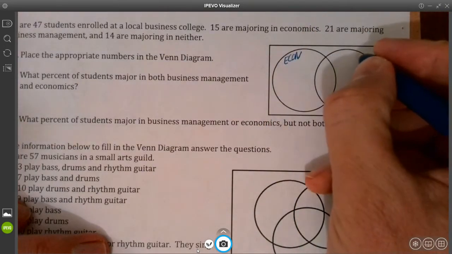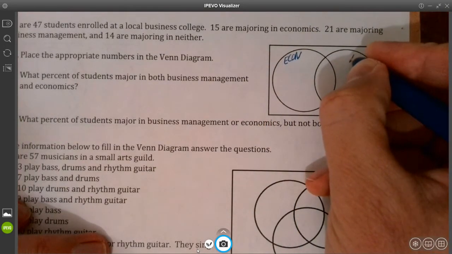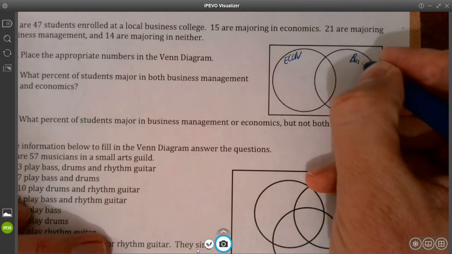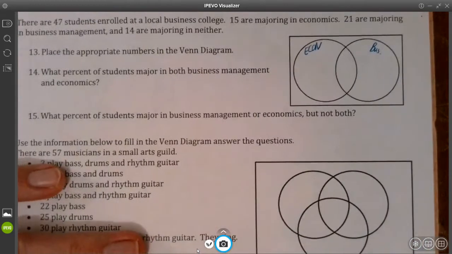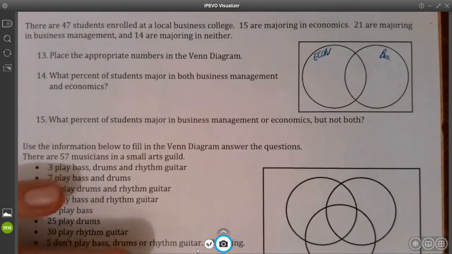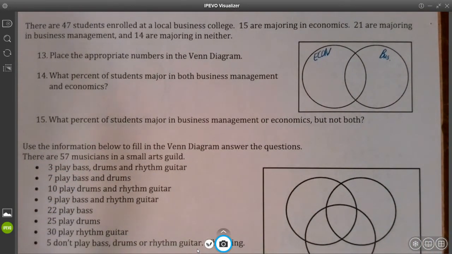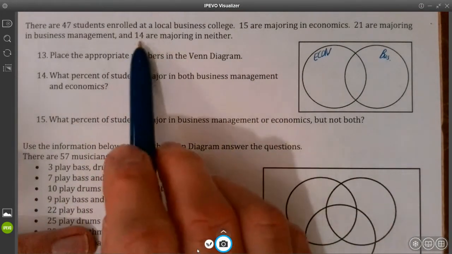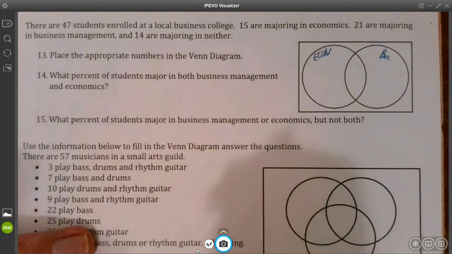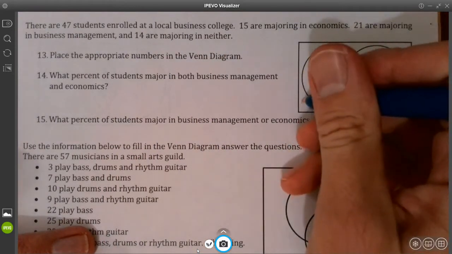That's important to know. So we're going to have econ and business management. I'll just put bus. So econ and bus. All right. Place the appropriate numbers in the Venn diagram. There are 47 students total. We're going to have 14 people that major in neither. So 14 is going to go right here.